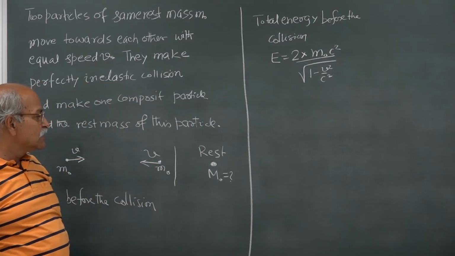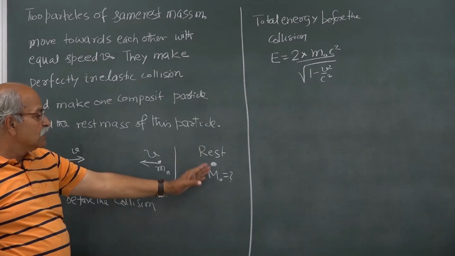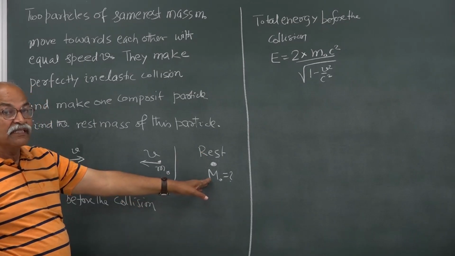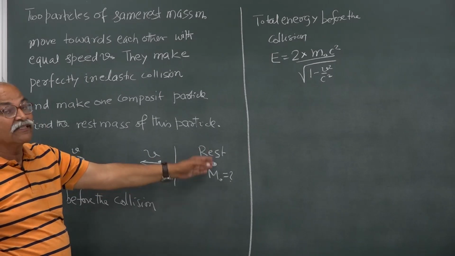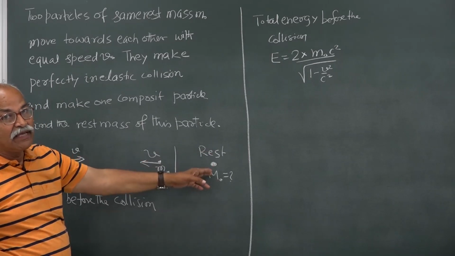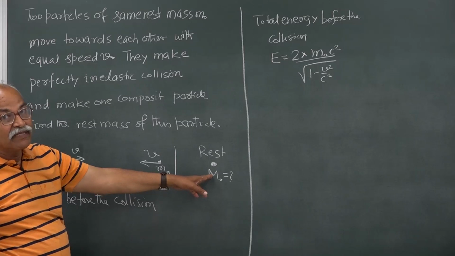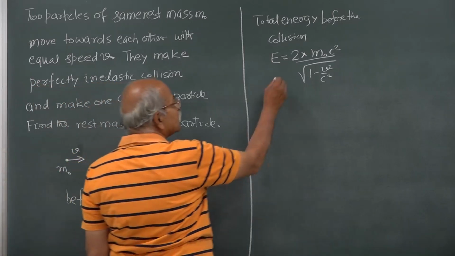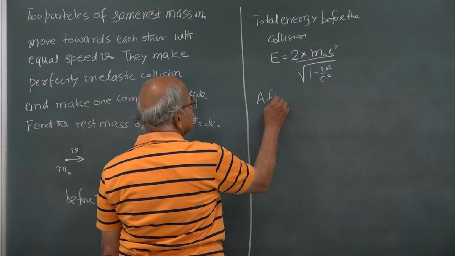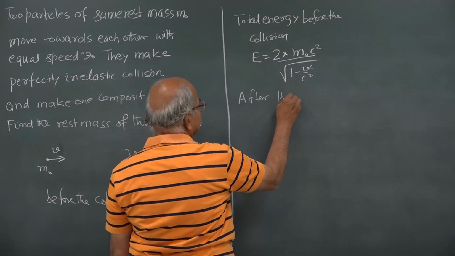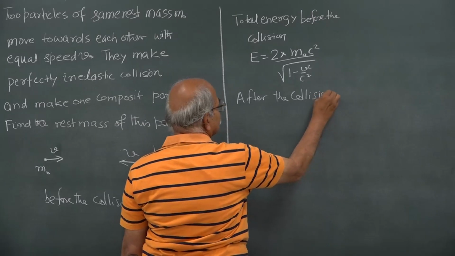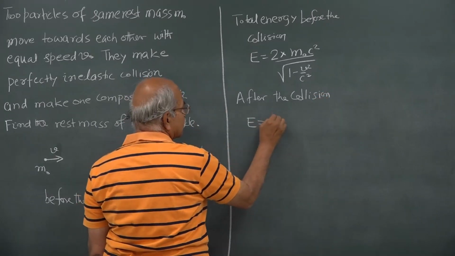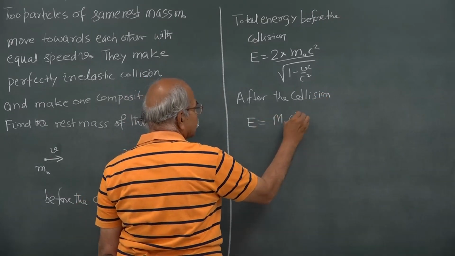And after the collision, what happens? After the collision, you have a particle of rest mass capital M naught which is at rest. Hence, the total energy is the same as the rest mass energy, capital M naught c square.